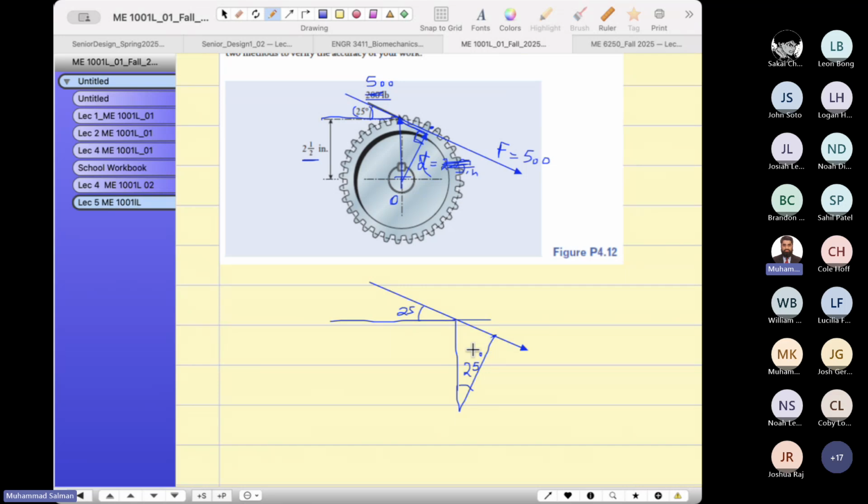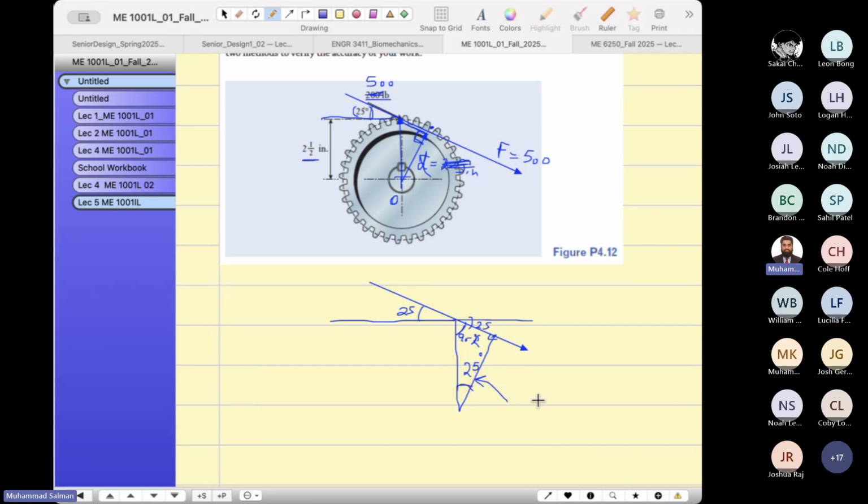So the way I'm doing it here, 90 minus 25, 90 degrees. So that's how you will solve this. Have you understood the angle? How did I write it down? So what is this side equal to?